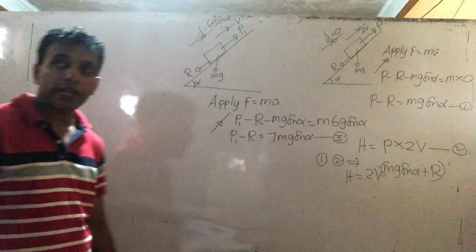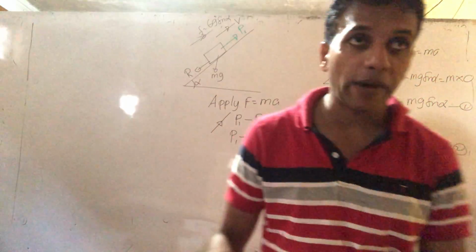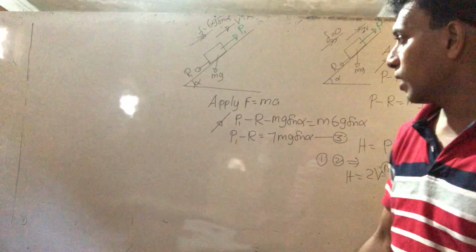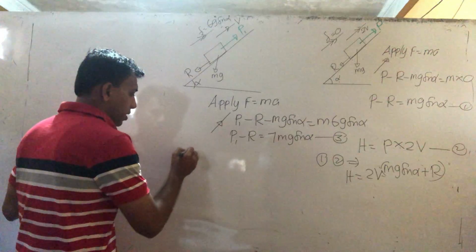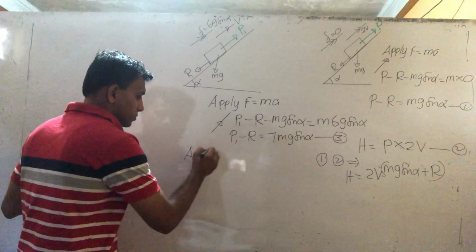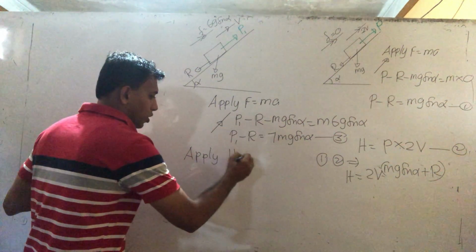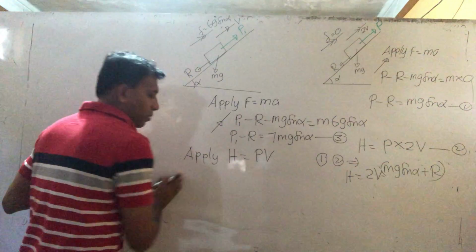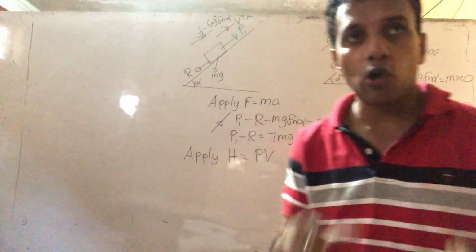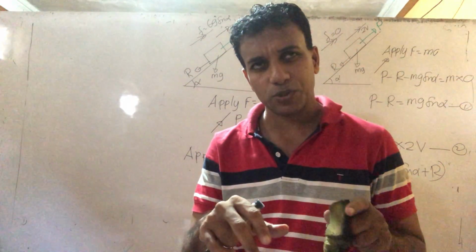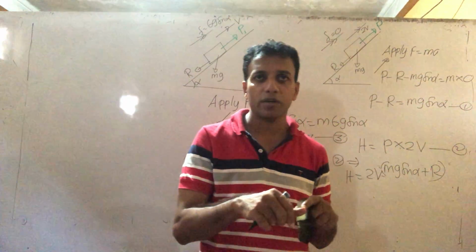Now I want to eliminate my tractive force P1. So next I apply the H equals PV formula. Power is constant for the engine.